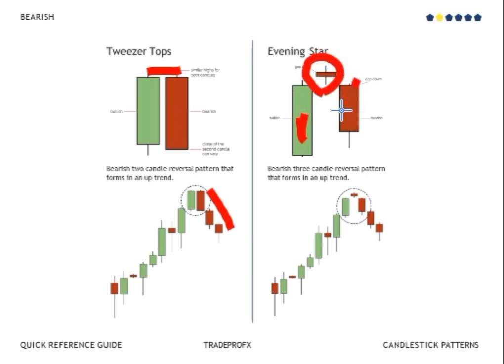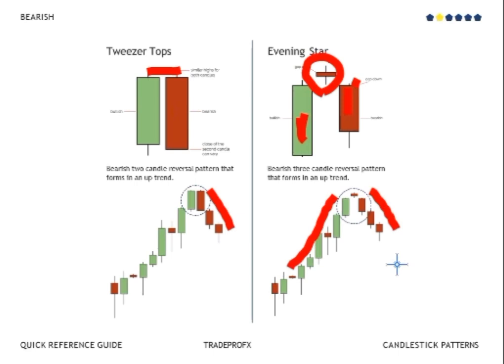Hope we are together. Then it ends with a strong bearish candlestick, and this shows that the buyers who were before in control are now losing control of that market, and the sellers have started taking over control of that market.